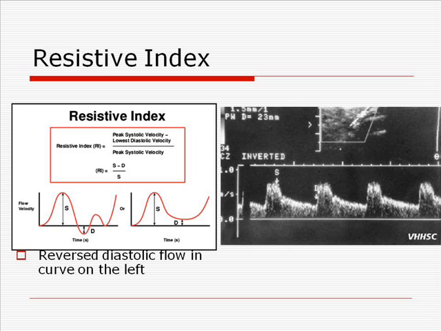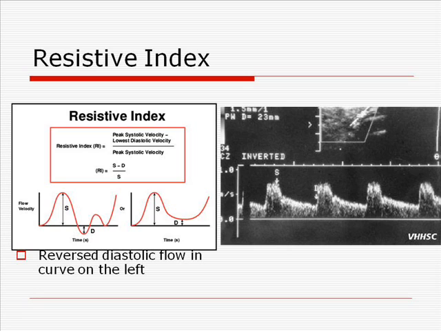And then on the right, the lowest diastolic velocity is above the x-axis, so there's no reversal of diastolic flow. That's the same kind of principle you would look for in the image to your right, on the spectral analysis graph shown on the bottom, when you're measuring blood flow through the renal arteries.